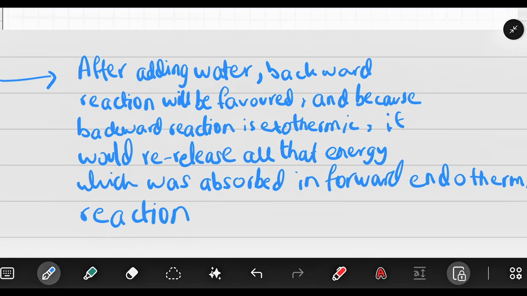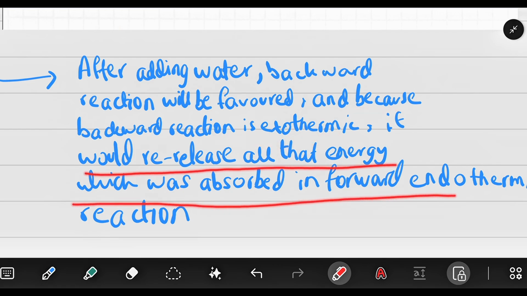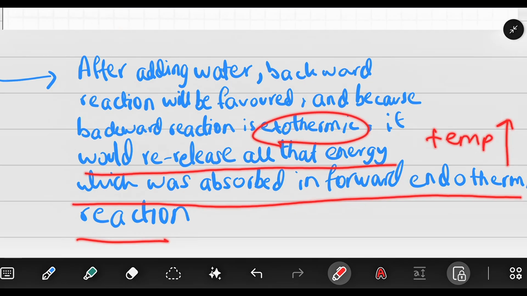Right, so after adding water, the backward reaction will be favored, and because the backward reaction is exothermic, it would re-release all that energy which was absorbed in the forward endothermic reaction. Because the endothermic reaction takes in energy from the surroundings, it would re-release all that energy, meaning the temperature of the surroundings will increase back again because the backward reaction is an exothermic reaction.